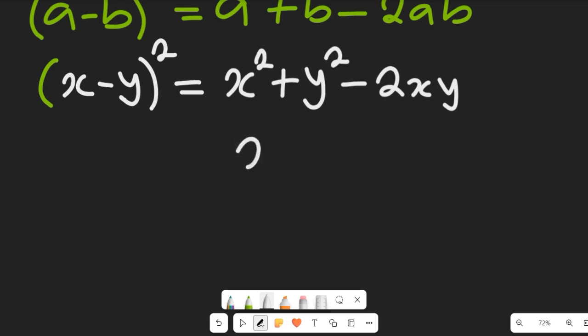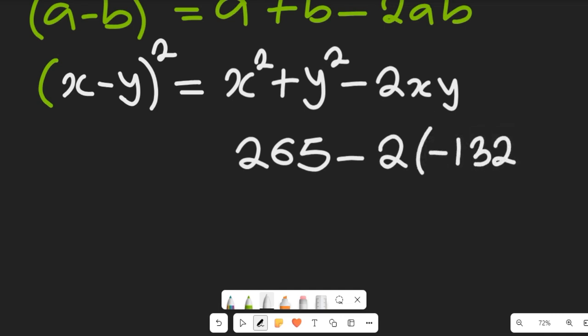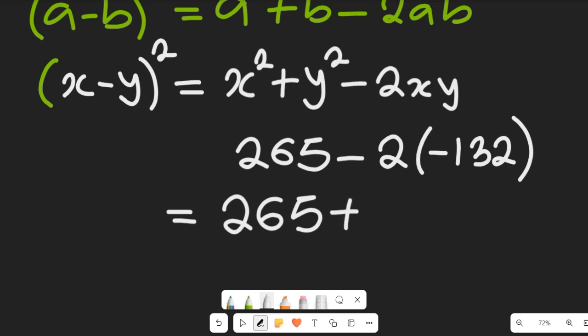And that is 265 minus, and we already know the value of xy, that is 2 multiplied by negative 132, from equation 5. If we simplify this, we have 265 plus 264, because minus times minus will give us plus.